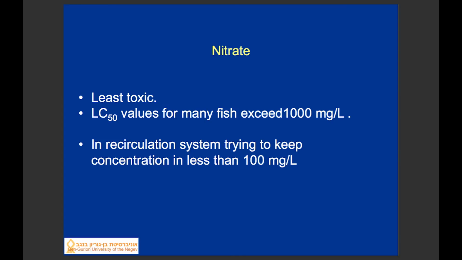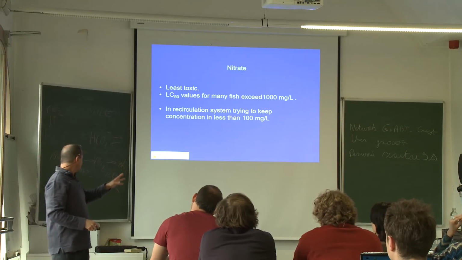And then we turn everything to nitrate, which is less toxic, or the least toxic, and concentration can get up to 1,000 milligrams per liter. Sometimes the lethal concentration exceeds 1,000 milligrams per liter. In recirculation, we're trying to keep these systems under 100 milligrams per liter of NO3 as N, okay, not NO3.